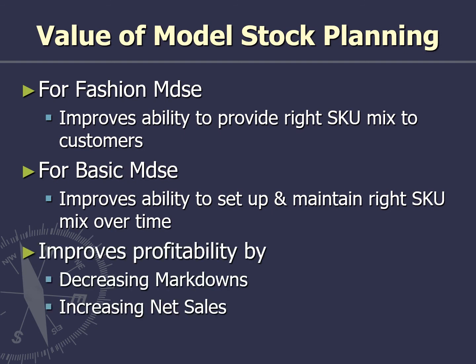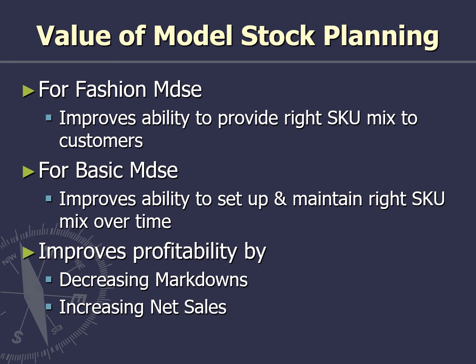In either case, both fashion and basic merchandise, the overall eventual goal of the model stock planning is to improve profitability. In both cases, we want to have the right SKU mix, right? By having the right SKU mix, we want to decrease the out-of-stock situation and increase the in-stock situation without spending any unnecessary, excessive amount of money on inventory investment.